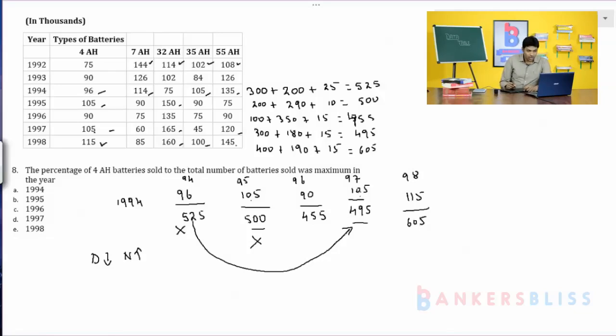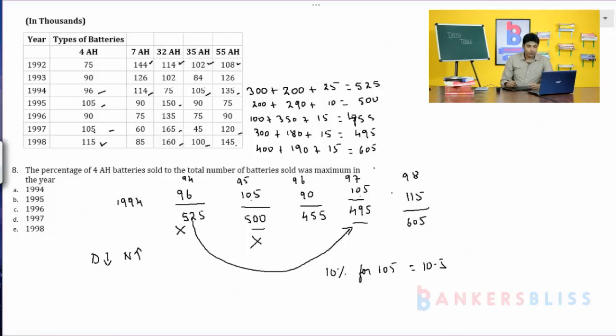If you see here, 105, 115, 495, 605, what is the difference between these two? Only 10. If you take 10% of 105, you are going to get 10.5. So the numerator is increased by about 10%.